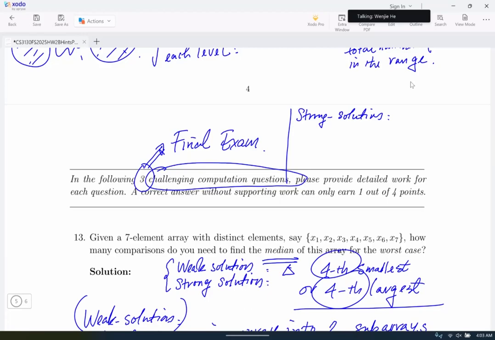All right, for the strong solution, because you have 7 elements, let's take 5 of the 7 elements first.